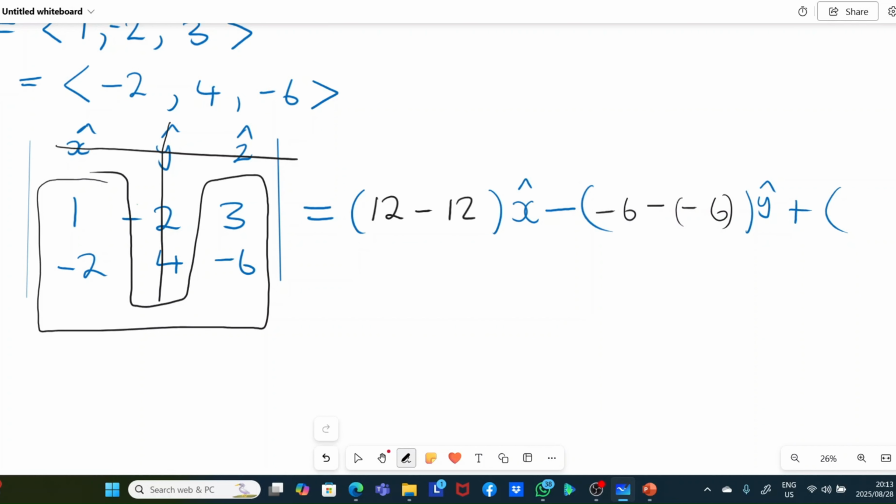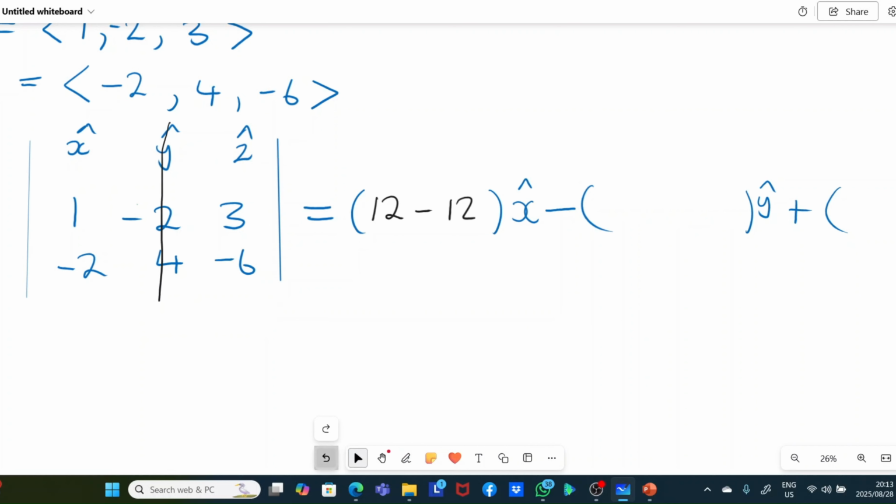Basically you get that one like that. Which order did I take again? It does not matter for this one because it's going to be 0, but I want you to keep the same order. Because I put minus, I must say minus 6 minus 6.